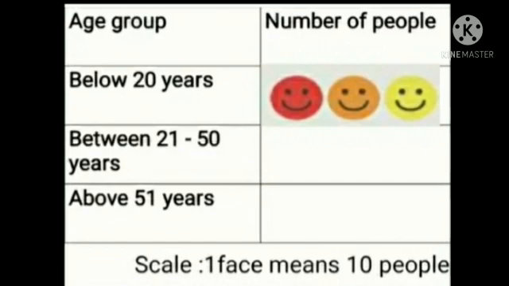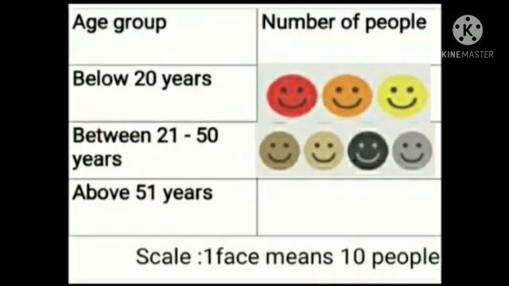The next one is between 21 to 50 years are represented by 40. So 40 divided by 10 gives you 4. So 4 faces of people we are going to show between 21 to 50 years. Next is above 51 years. We have to find out.